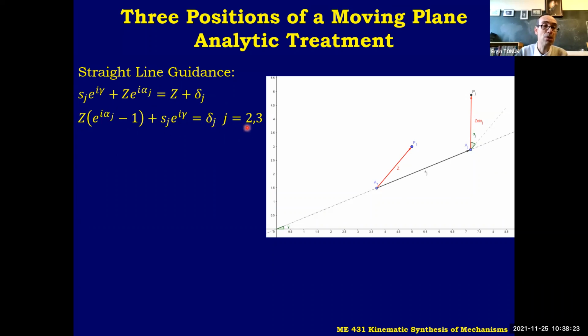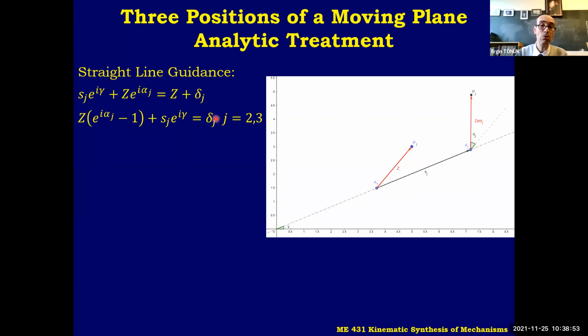And for 3 positions, it's j equals 2 and 3. So I will have 2 of those equations, z e to the I alpha 2 minus 1 plus S2 e to the I gamma is equal to delta 2, and z e to the I alpha 3 minus 1 plus S3 e to the I gamma is equal to delta 3. Okay.